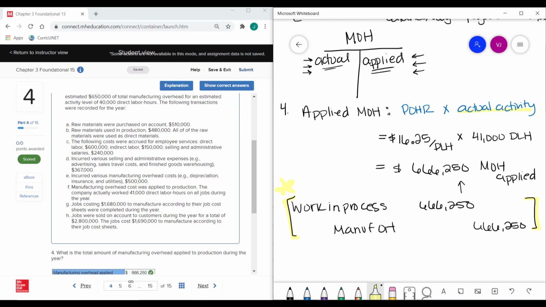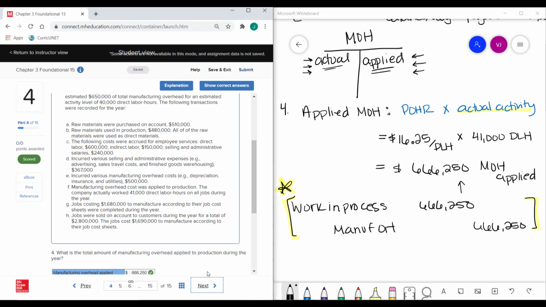And then do it the next month and the next month. Here we're doing it for the whole year just to illustrate what the entry would look like and how to find that applied amount. But in reality, a company would be doing this more often, most likely at the end of the month, if not at the end of every week. Just depends on how often the company wants to update this work in process account and the overhead account.